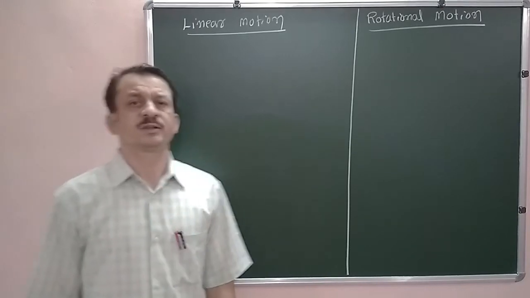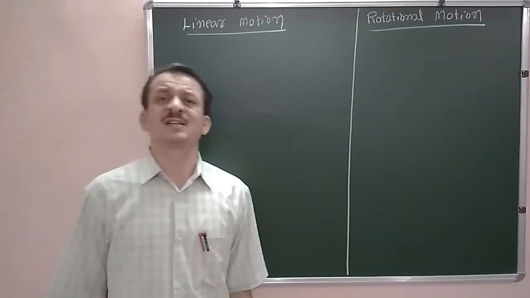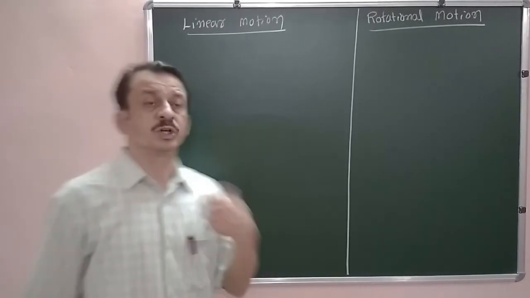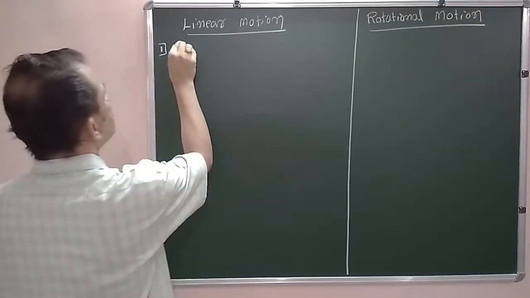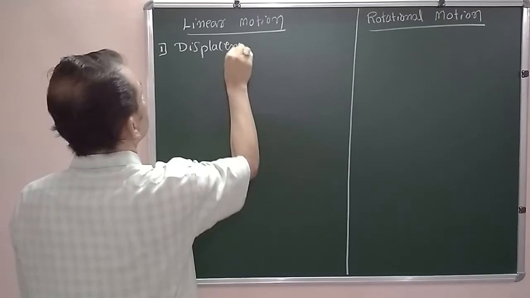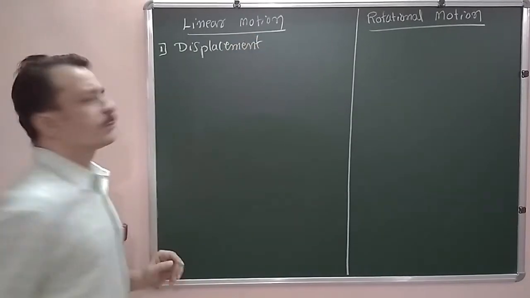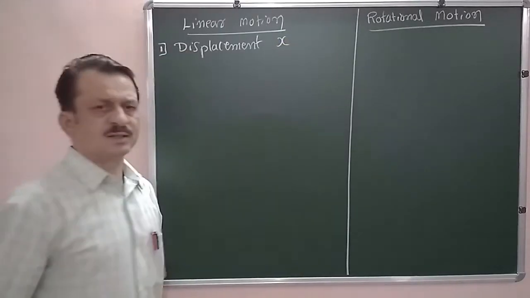Now we will compare some physical quantities in linear motion as well as rotational motion. The first one we have is displacement. In linear motion, displacement is denoted by x.